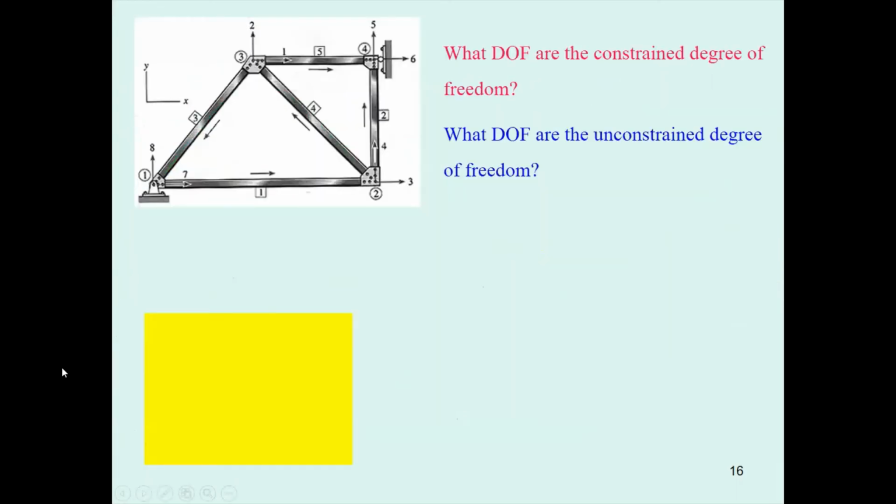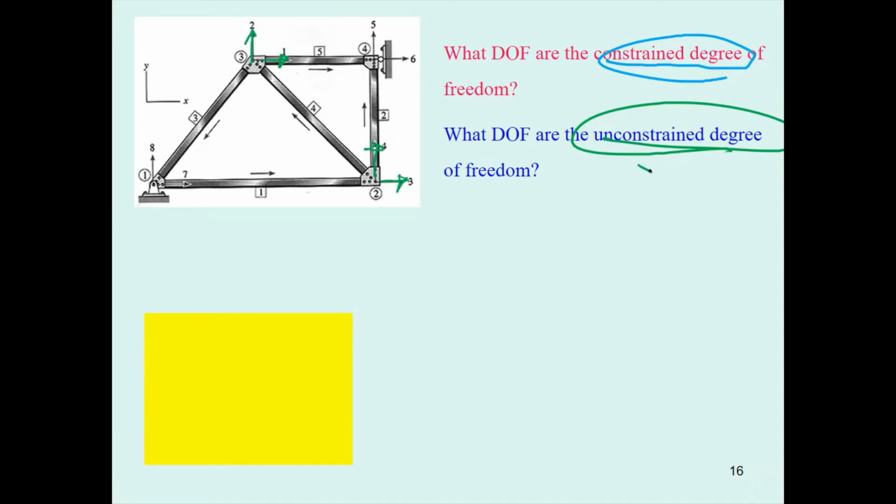Now, the degrees of freedom can be separated into the constrained degrees of freedom and the unconstrained degrees of freedom. The unconstrained degrees of freedom come before the constrained degrees of freedom, following X and then Y: 1, 2, 3, 4, and then we have one more, 5.